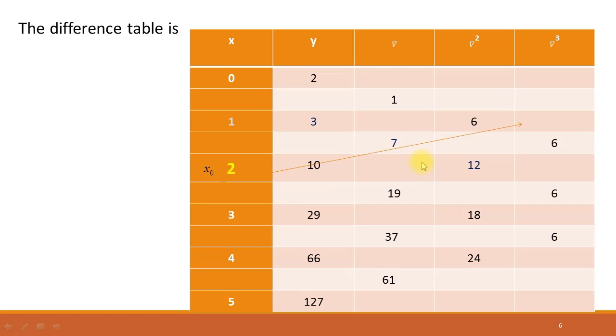Now take the second difference at the 4th position from the end of the table: 1, 2, 3 and 4. So this is the value of del square. But from the end of the table there is no value of del cube at the 4th position. So we need only the value of y naught, which is 10, the value of del y naught, which is 7, and the value of del square y naught, which is 6, and all these values lie on the up diagonal.